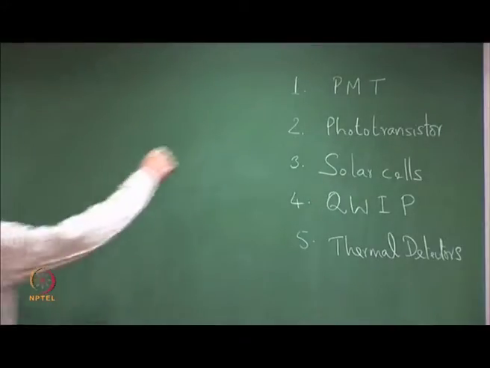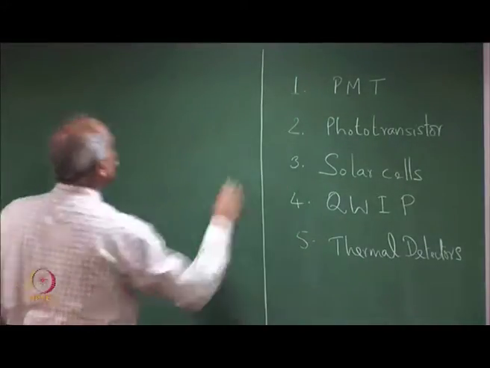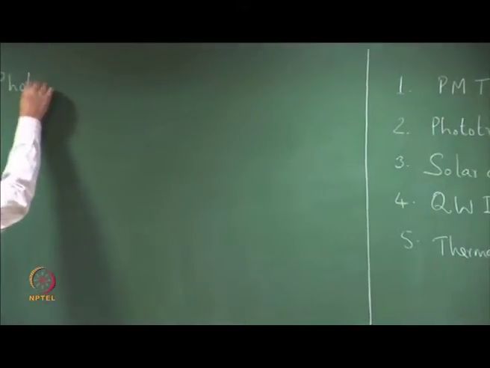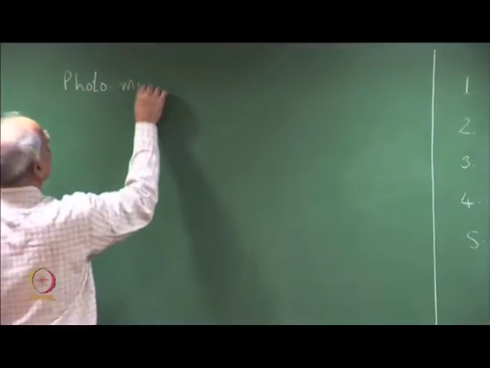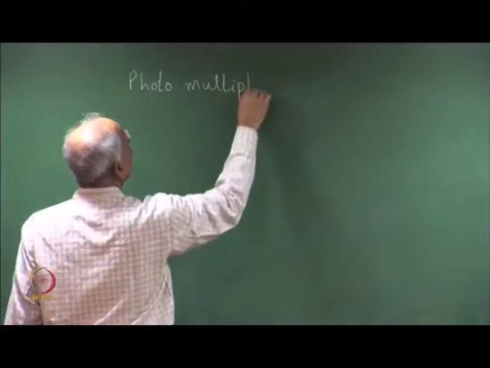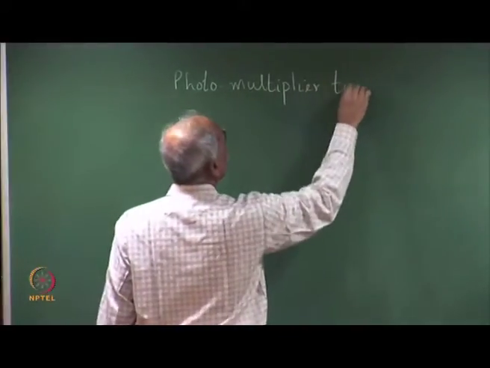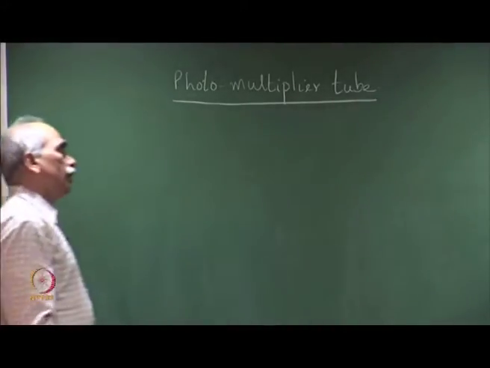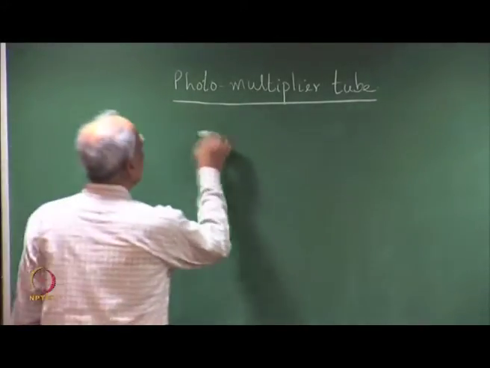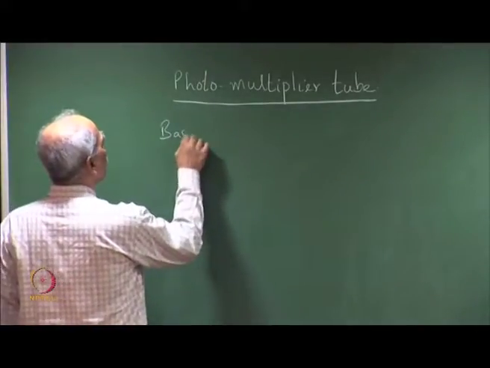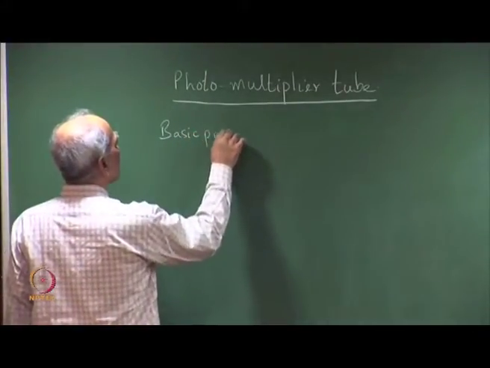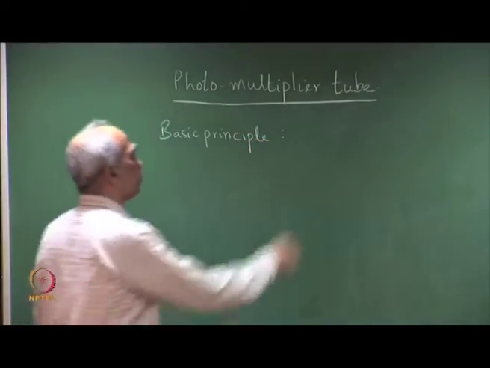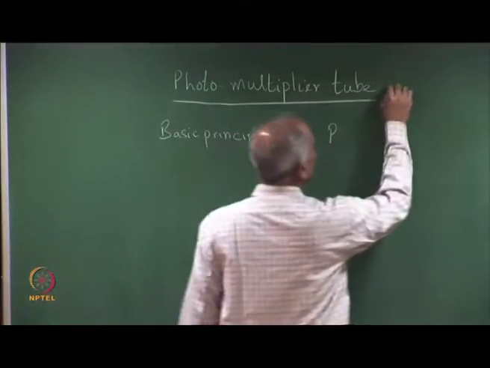So, let me start with the PMT, the photomultiplier tube, a widely used photodetector. The basic principle of operation is first the photoelectric effect. This is a photoemissive type of detector.